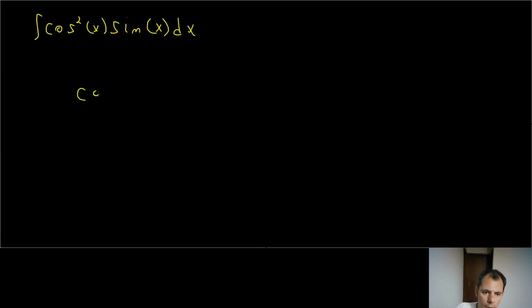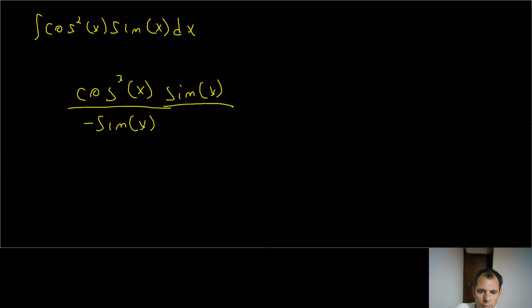So it'll be cosine cubed of x, okay, divided by the minus sine. And in here you have multiplying sine of x. Okay, so this one's going to cut with this one, and oh yeah, you got to divide it by 3, right?